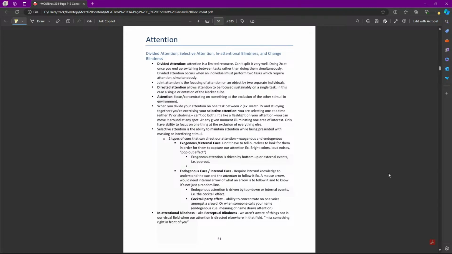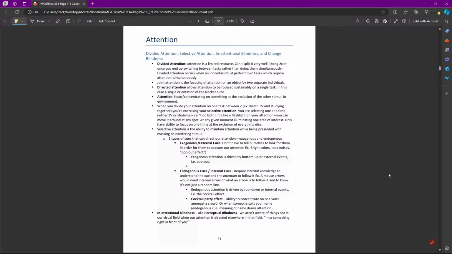So, endogenous cues are using top-down thinking, like using deductive reasoning. So, endo means inside. Think like endothelium or endothelial cells.